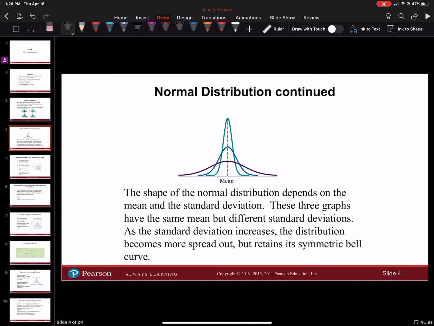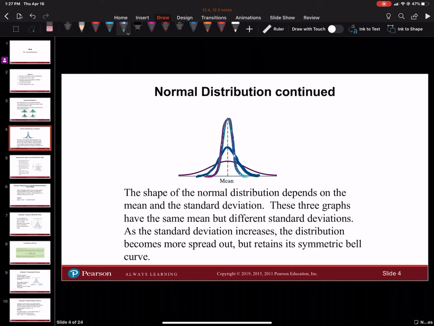Now, if you look at the blue, I'll just trace it with blue, the blue one is your normal distribution. Then, a little bit closer, let me use the green, is the distribution of this one.